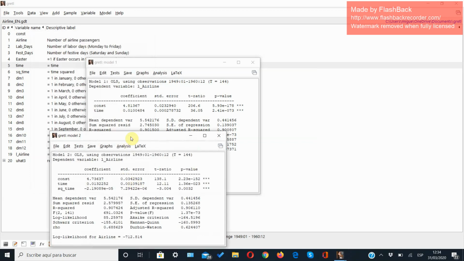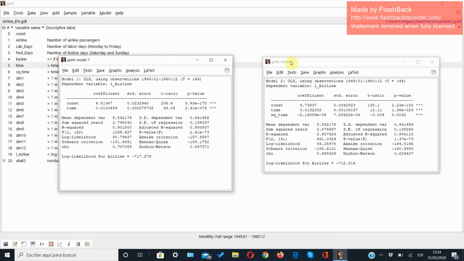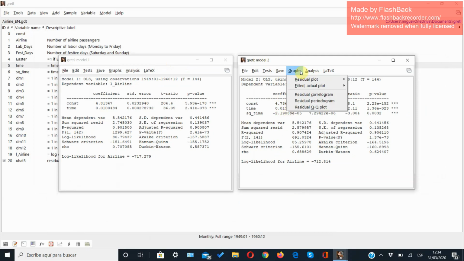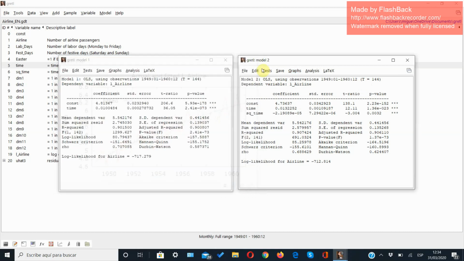So what we will do is, instead of fitting a straight line like in model 1, we will be fitting a polynomial in which log airline is a function of a constant term, time, and time squared. If we plot again the fitted actual plot against time, we will see that the shape of this regression function is a curve.